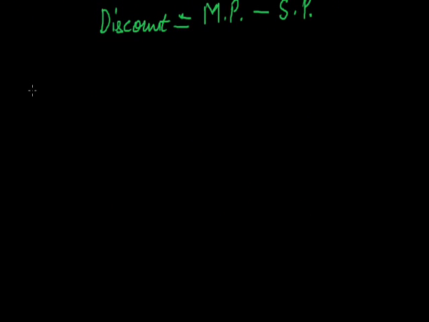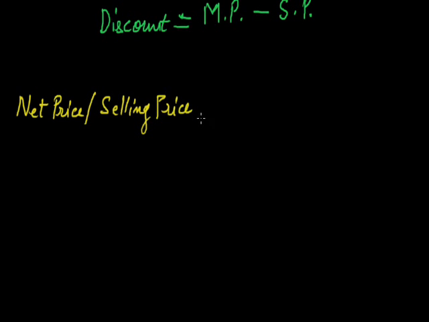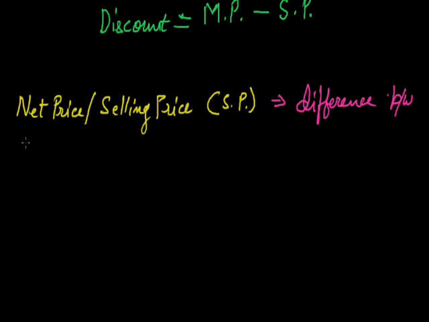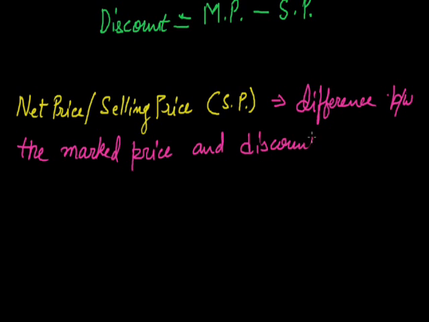Next is the net price or the selling price. The net price or the selling price is the difference between the marked price and the discount allowed.